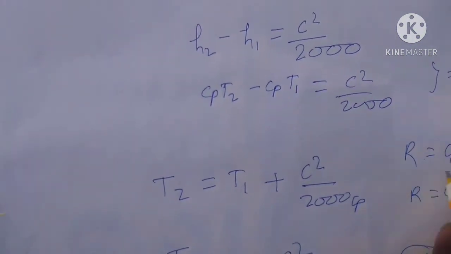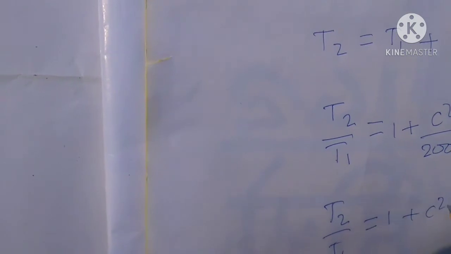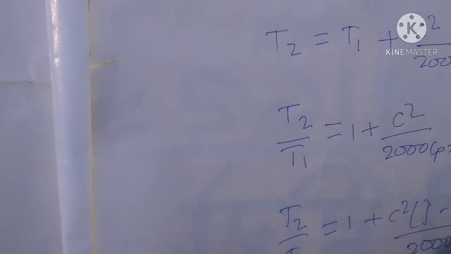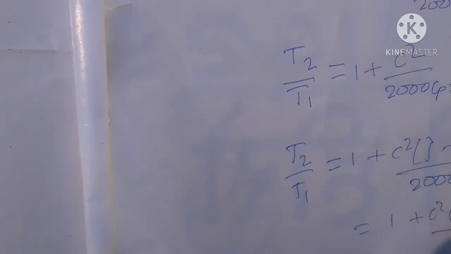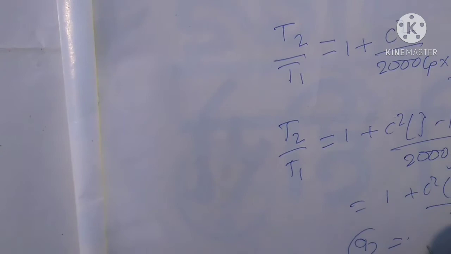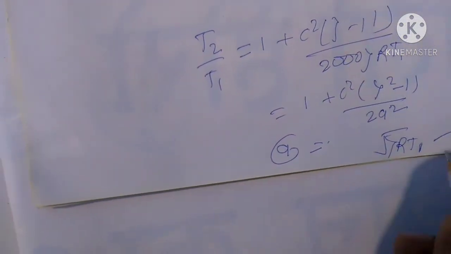Putting this in the equation, T2 divided by T1 equals 1 plus c squared (gamma minus 1) divided by 2000 gamma R T1, which equals 1 plus (gamma minus 1) c squared divided by 2a squared, where a is the local sonic or acoustic velocity, the square root of gamma R T1.